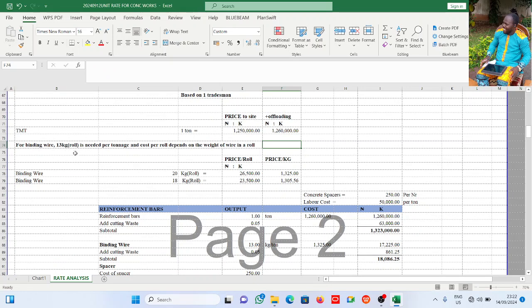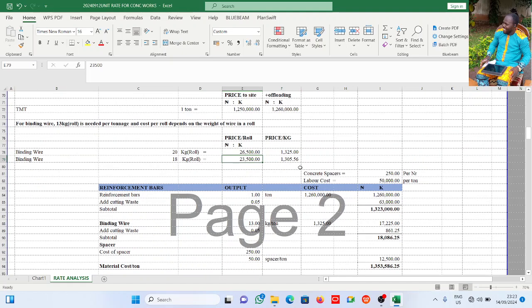So 13 kg of binding wire is needed per ton, and the cost per roll depends on the weight. Binding wire in a 20 kg roll is 26,500, at 1,325 per kg, and per ton we'll be needing 13 kg. An 18 kg roll is sold for this particular amount.